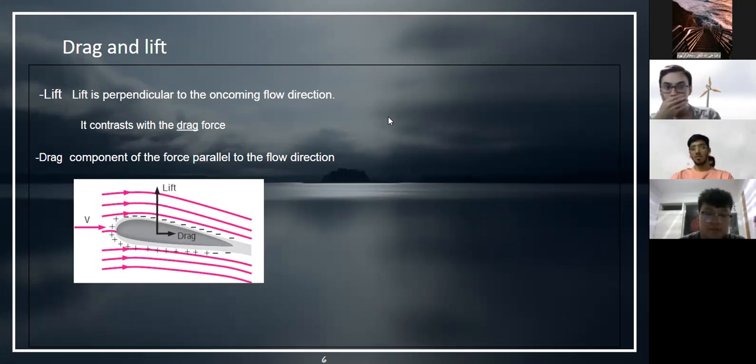Lift is a component of the force that is perpendicular to the oncoming flow direction. It contrasts with the drag force, which is a component of force parallel to the flow direction. Lift acts in an upward direction in order to counter the force of gravity.